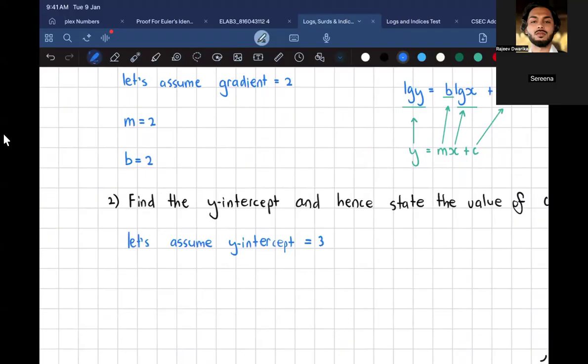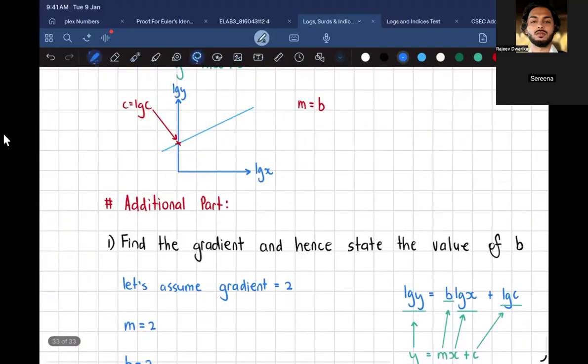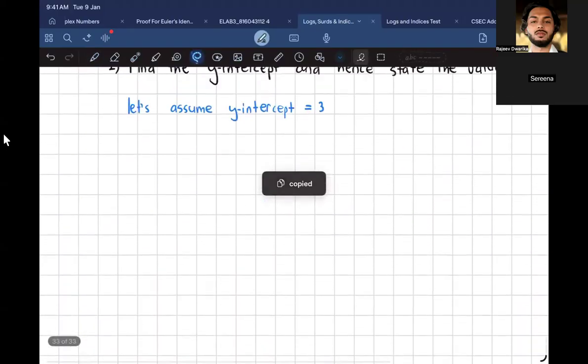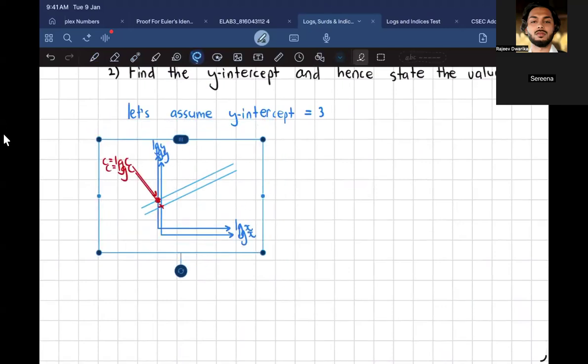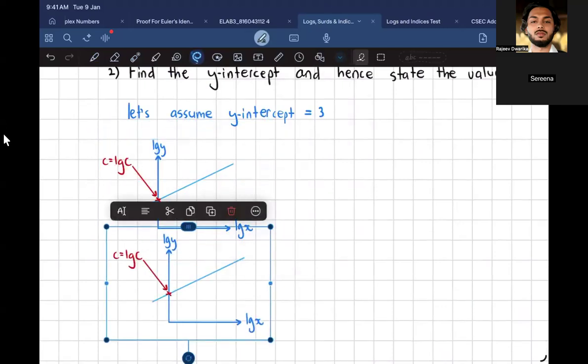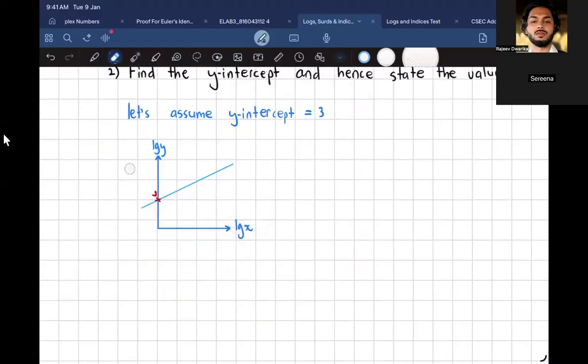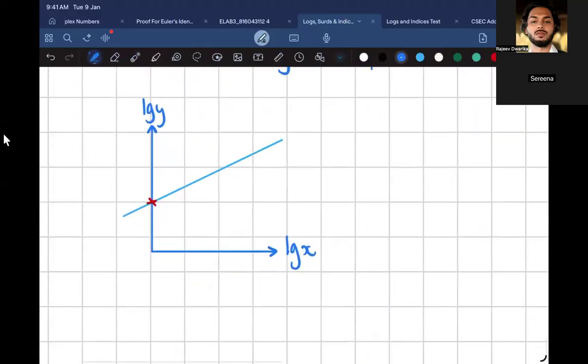We are going to assume that, right? So if we assume that, then the graph would look like this. And if at any point I'm losing you really badly, you tell me.